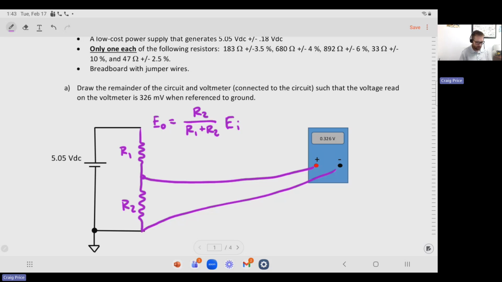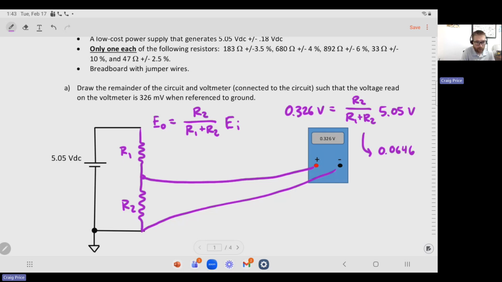So I already know two of these things. So we want 0.326 volts. We don't know which resistors we're going to use, but we know that this is 5.05 volts. And so therefore, this thing needs to equal 0.0646, let's say.